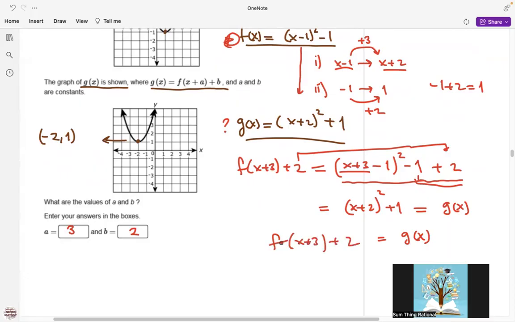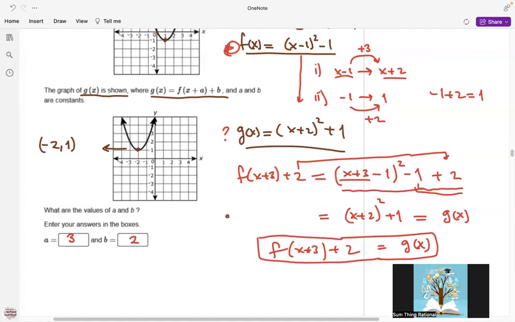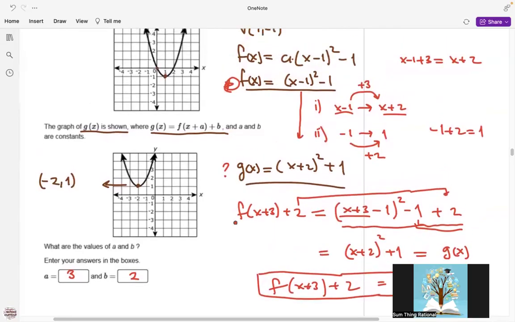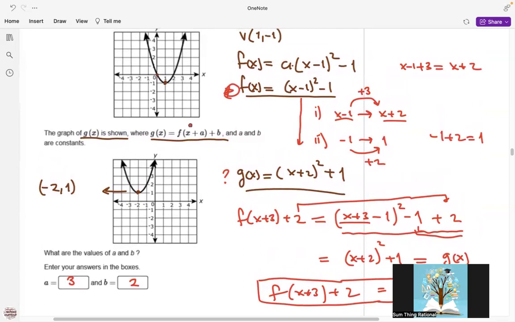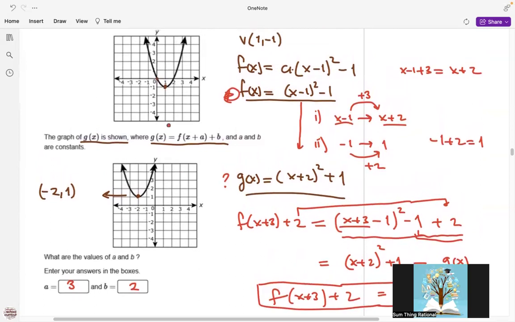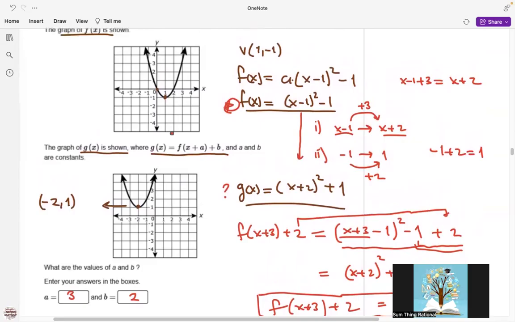In this way you can solve it algebraically, and you can also think about it graphically. What happened to the f of x graph? There is a horizontal shift and a vertical shift. From this vertex, you shifted to this vertex.